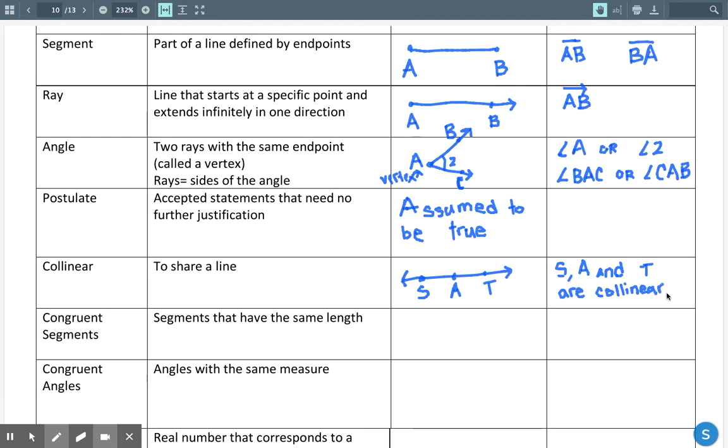If I had another point P that was out here, that would not be collinear because it would not be on the same line.